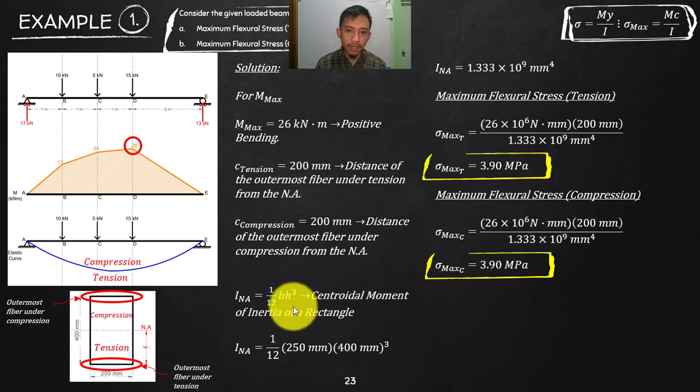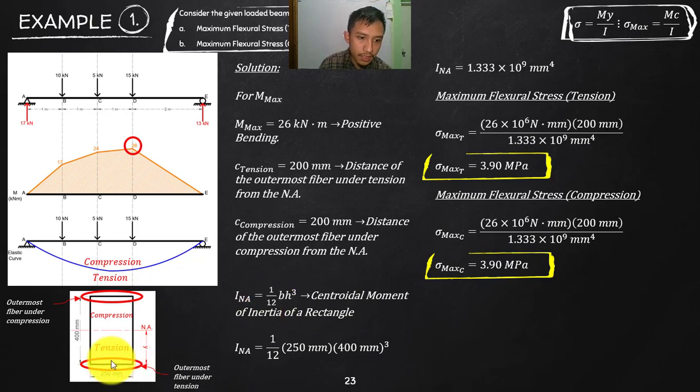Your I here, by the way, is discussed in your statics. For a rectangle, I is 1 over 12 b h cubed. This formula is the moment of inertia with respect to the neutral axis.